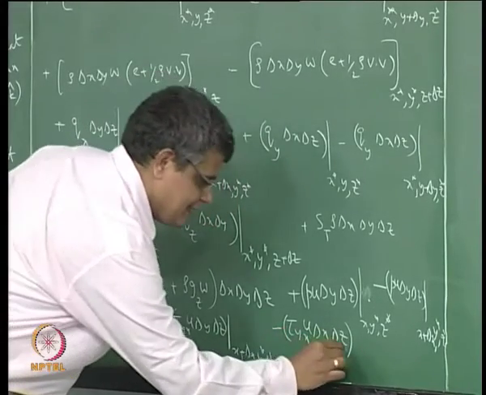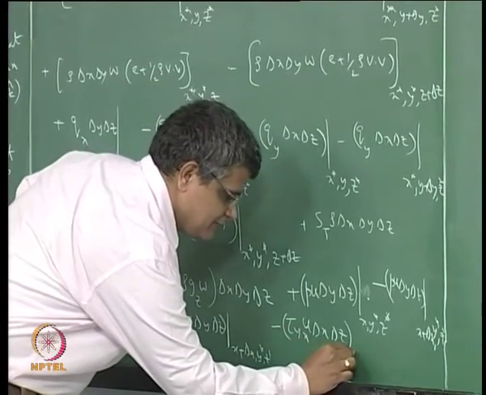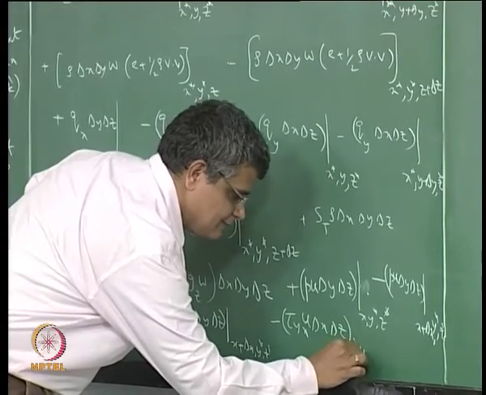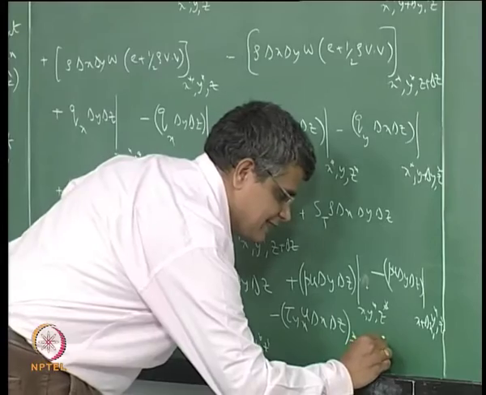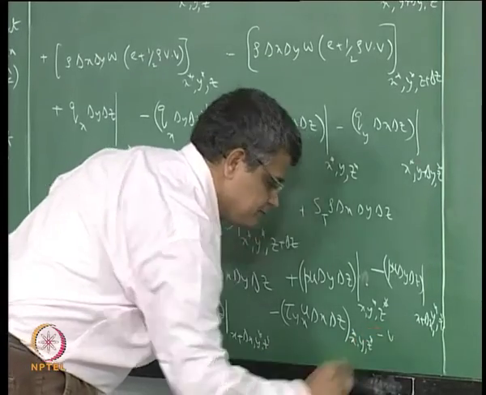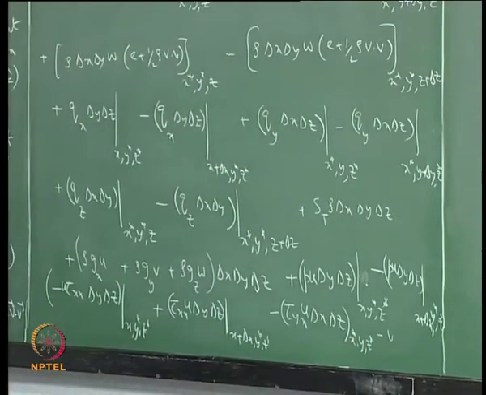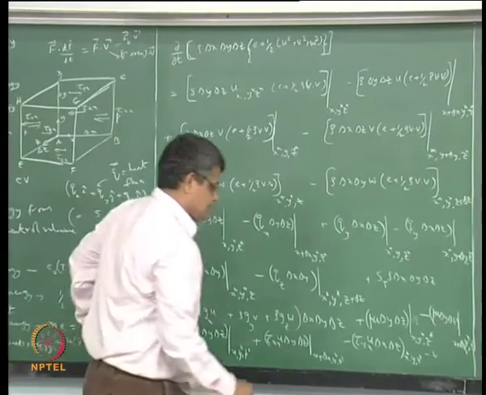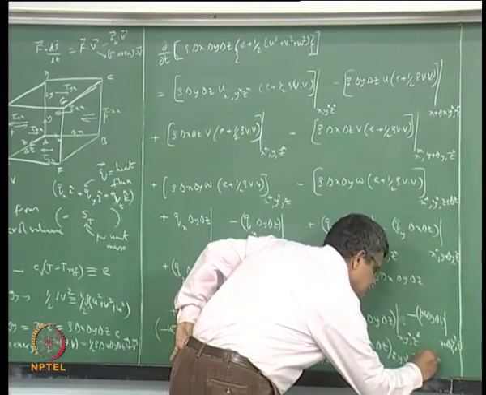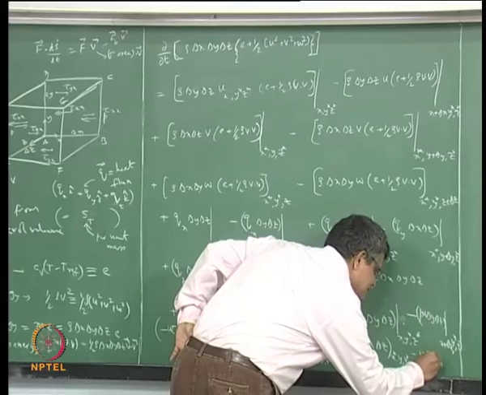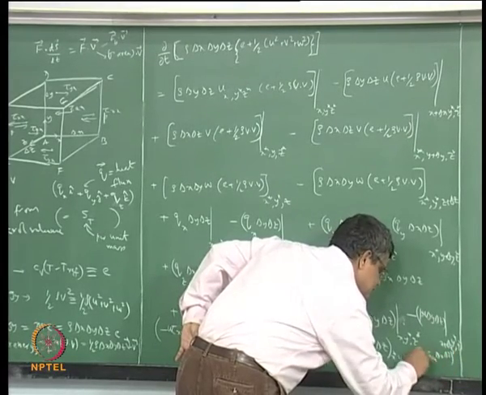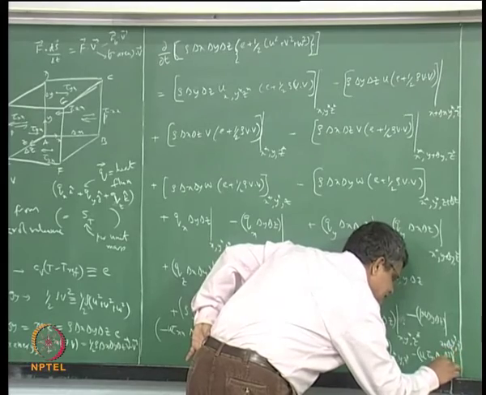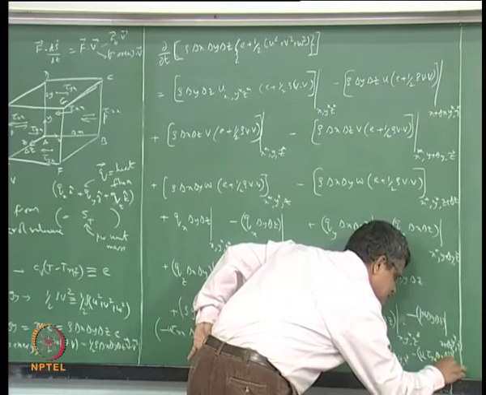This is at the bottom face, so that is x star, y, z star, and at the top face again this is u times tau yx delta x delta z evaluated at y plus delta y.